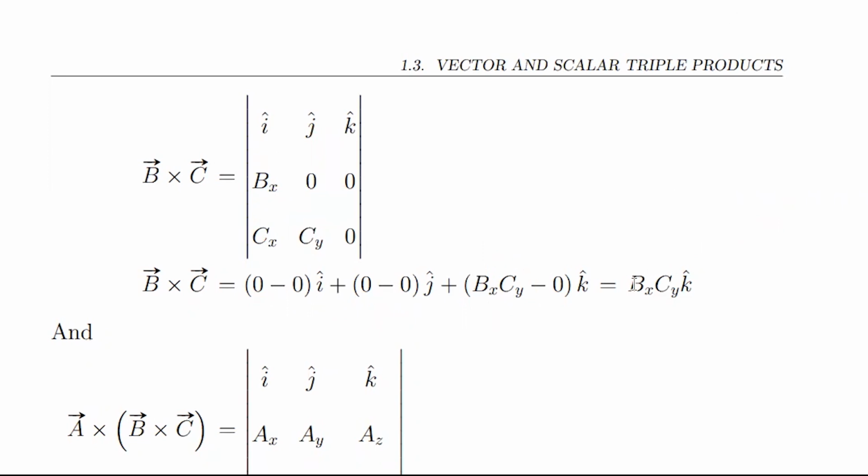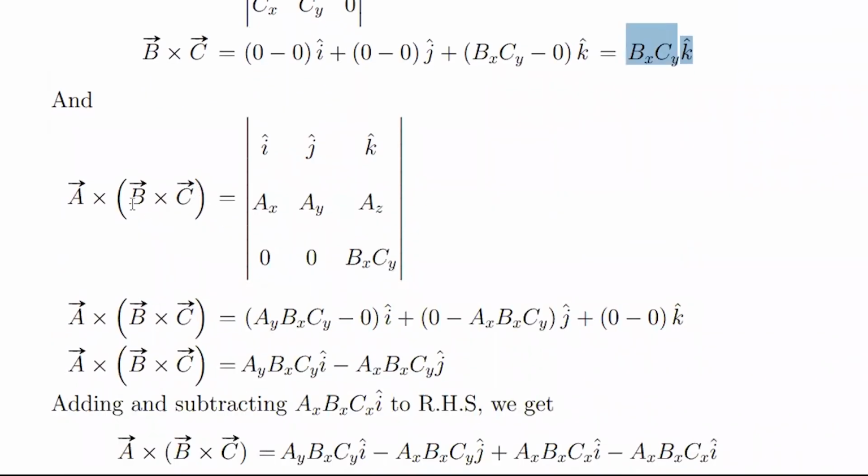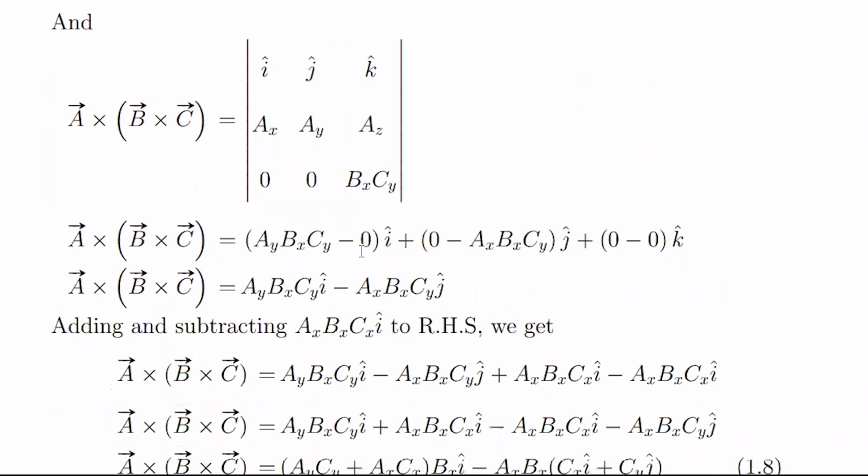Now this needs to be multiplied with vector A. So we write here i, j, k, and the components of vector A are Ax i, Ay j, Az k. And B cross C here is 0 i plus 0 j and BxCy k. Again, we multiply using first row and first column.